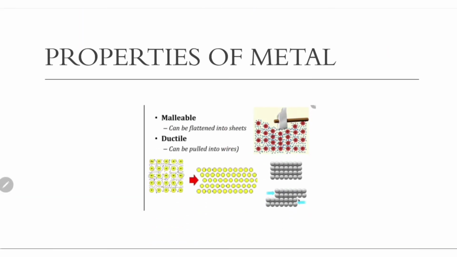We review what you know about properties of metals. Maybe two words: malleable and ductile. Malleable means the metal particles can be pressed into sheets, become flat, and ductile means they can be pulled into wires, so they become long from one side to the other.